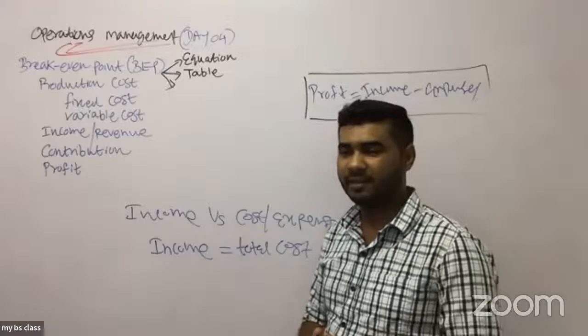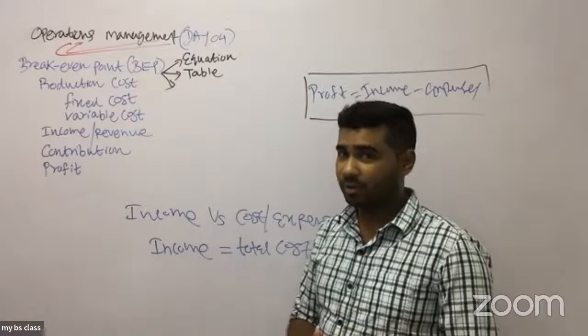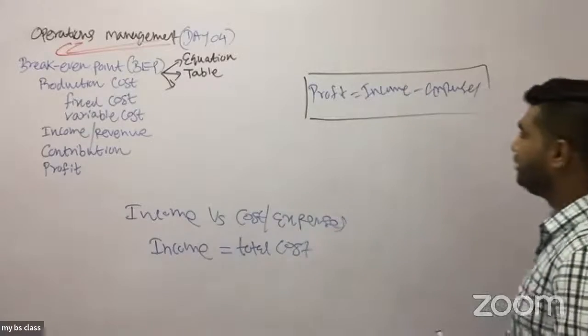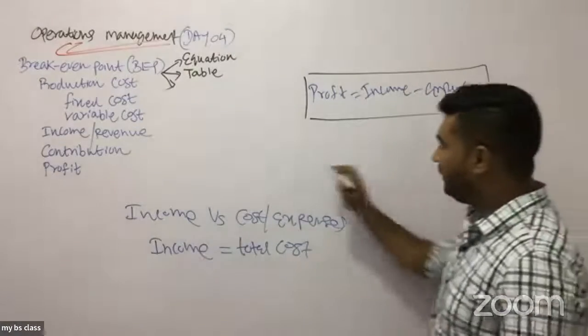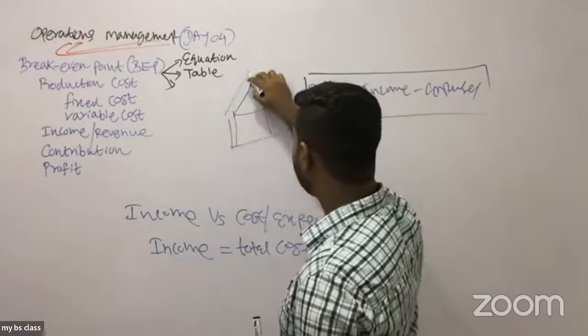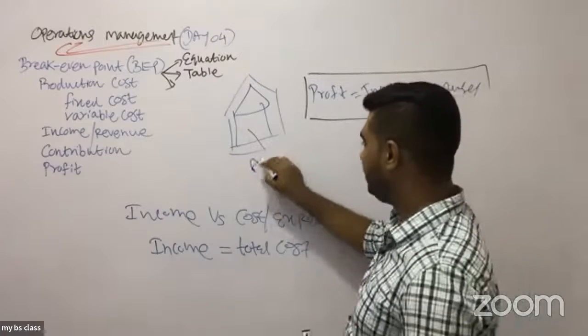What do you mean by that? So there's no profit and also there's no loss, right? For example, let's say any kind of a business, right? ABC business.